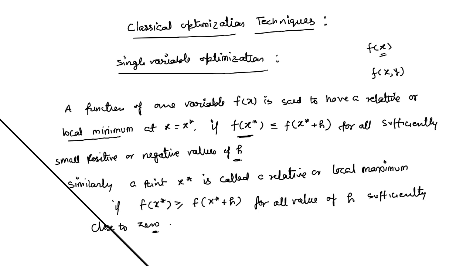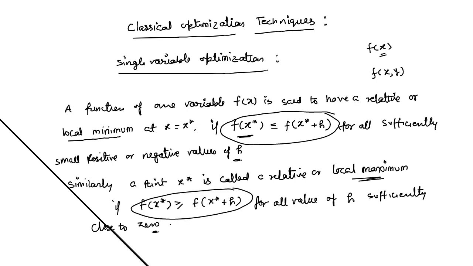So there are two conditions. First is f(x star) less than or equal to f(x star plus h), or second is f(x star) greater than f(x star plus h). For local minimum, the first condition is satisfied, and for local maximum, f(x star) is greater. Keep in mind the definition of differentiability. On the basis of that definition, we write these two statements: the limit as h tends to 0 of f(x plus h) minus f(x) upon h, at x equal to x star.